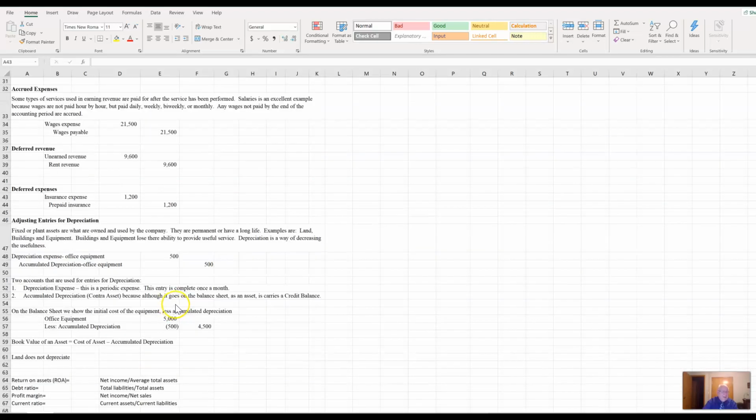Okay, depreciation is another one. It's kind of off by itself. What you're doing is expensing out the cost of the machinery or the equipment or the building, whatever you're expensing out. This is how much of the building or how much of the equipment you've used up.